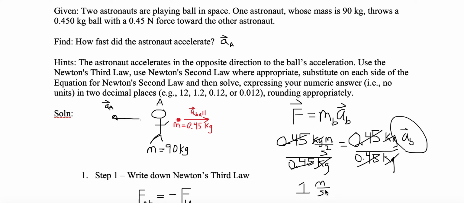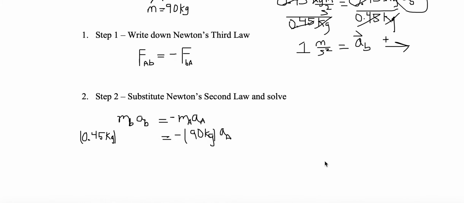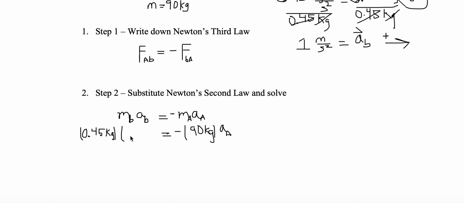And on the right-hand side, we are left with the acceleration of the ball. So the ball is being accelerated, and from our picture, the ball is going to the right, so we know that positive signs are to the right. So now we know the acceleration of the ball. We can come down here and solve for it. We have 1 meter per second squared.